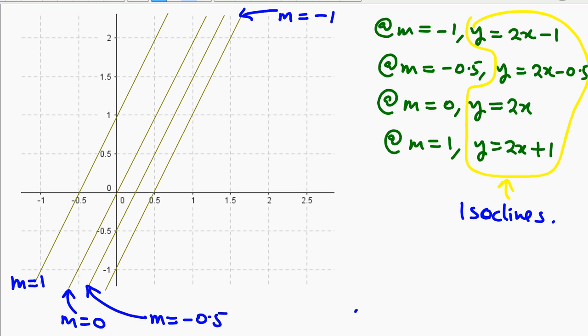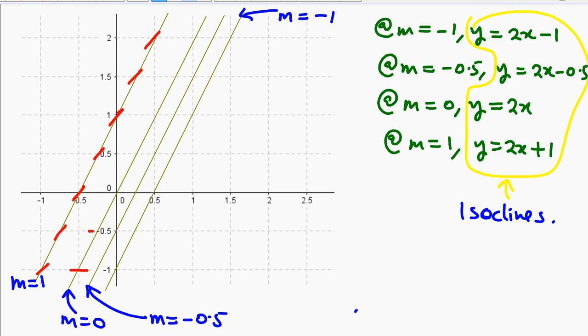All right, now we can go ahead and make our hatch marks. For the first one, m is 1, that means the gradient is 1. So at any point on that line, the gradient is 1. And then the next one, the gradient is 0.